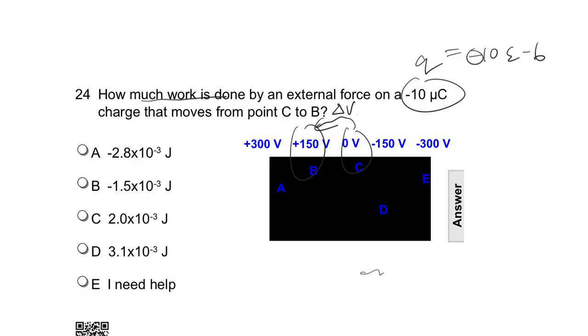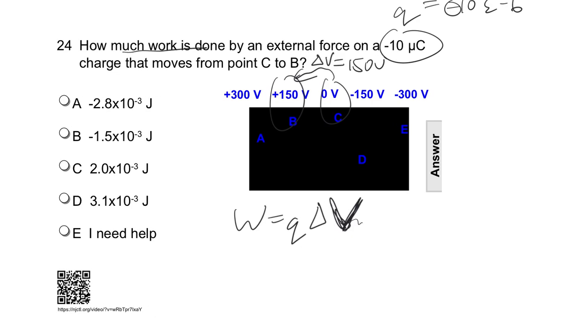The change in V is final minus original, so it's 150 volts. So work equals Q times V. So it comes out to negative 10e to the negative 6 times 150.